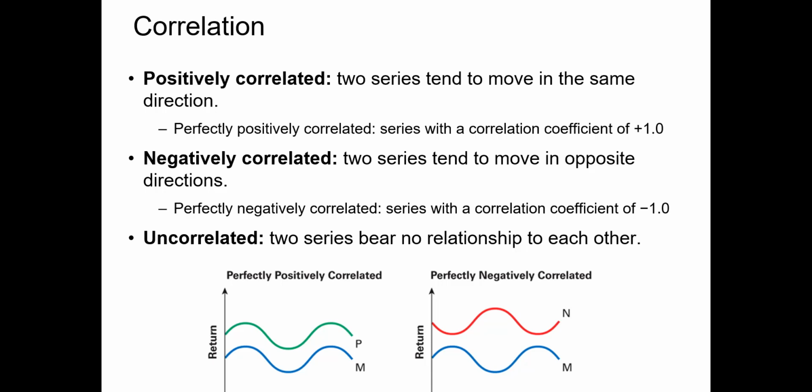With perfectly negatively correlated random variables, like those in the bottom right-hand corner of our screen, an increase in n will always have a corresponding decrease in m. Perfectly negatively correlated random variables are something that we're always on the lookout for, since we can use the negative correlation to achieve a guaranteed return with no risk, which we'll talk about in class.